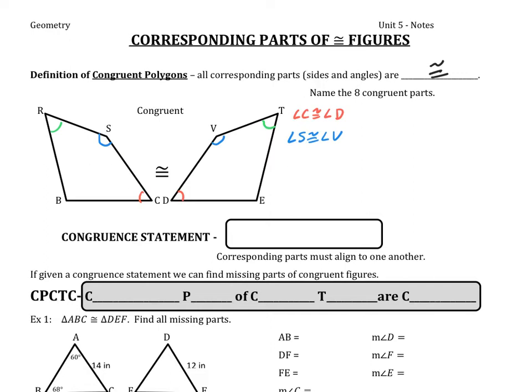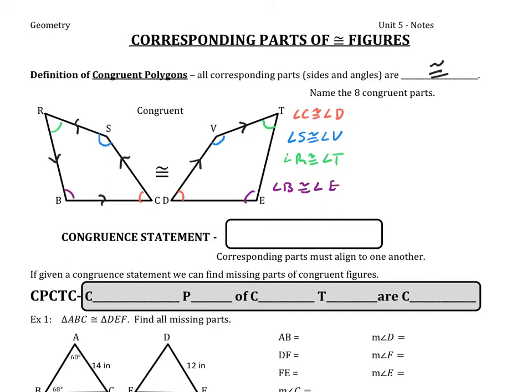So if I go from C to V, or D to V, I want to make sure to go from D's corresponding part to V's corresponding part. And then I want to keep going in the same direction the whole way to get all the corresponding parts. So angle R is going to be congruent to angle T. And then lastly, angle B is congruent to angle E.